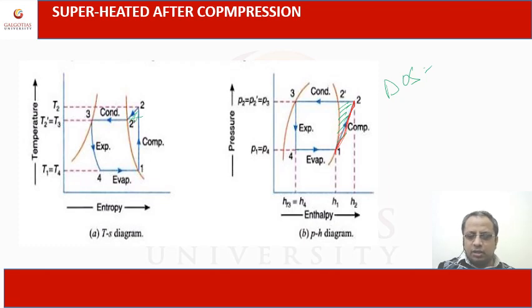If the superheating is more, the pressure and temperature of the refrigerant are more, and the compressor work will be more. So we can see the effect of the degree of superheating on the performance, the COP. So superheated compression of the VCR system is also possible.